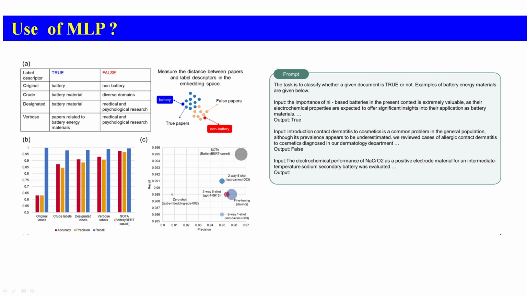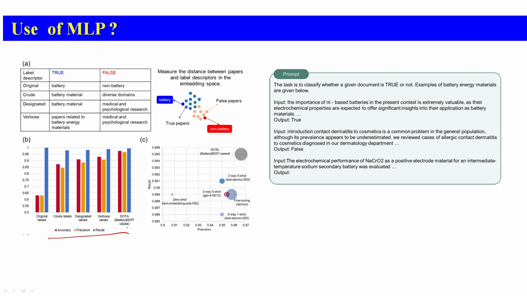There are many ways one can do it. One can use crude labels, design labels, verbose labels, all kinds of things. There are also a few techniques like SOTA that can be used. So, the task is to classify whether a given document is true or not, because we are talking about battery materials.